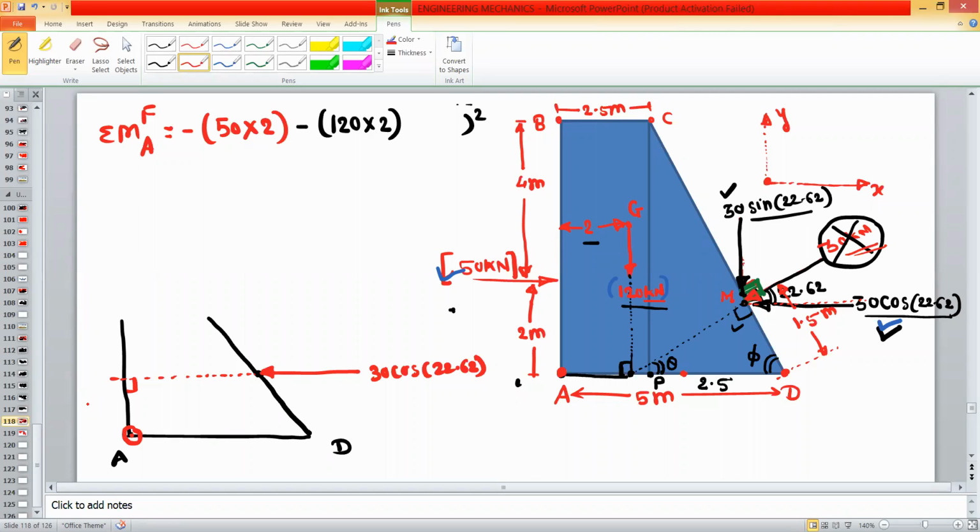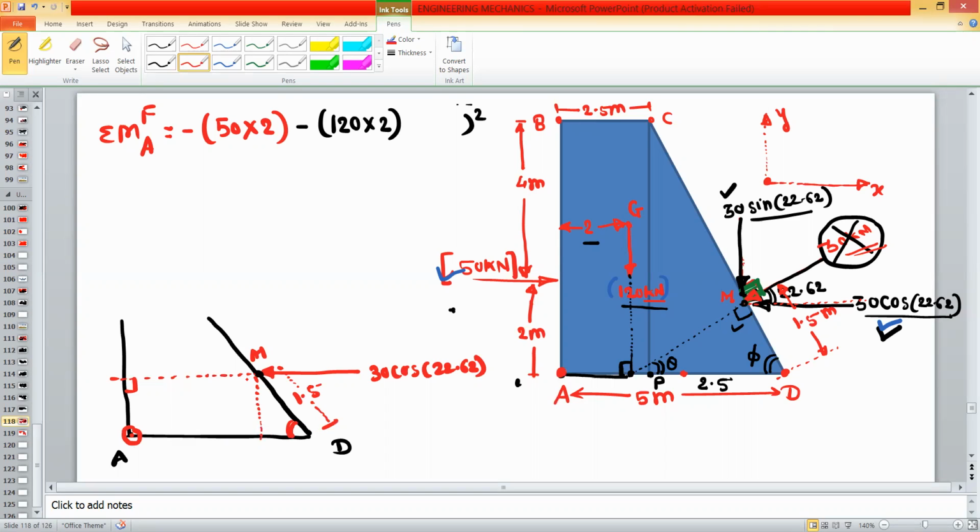That distance must be perpendicular to the line of action. Okay, so we have to find out this distance that is not available in this figure, but one distance is given. So this is the point M we have taken. So this inclined distance is given as a 1.5. Okay, we have this angle, so this is phi. Okay, so we can find out this distance by considering this right angle triangle.